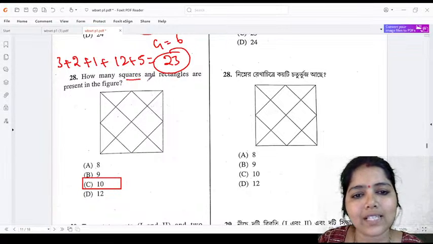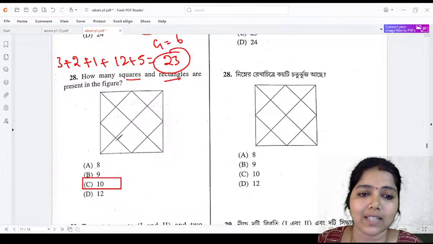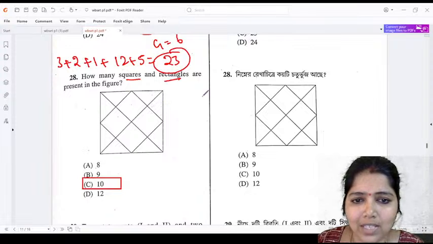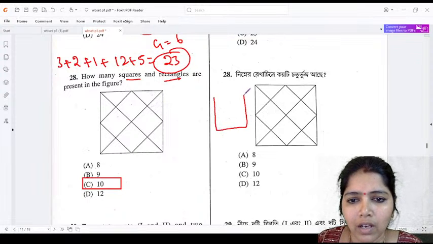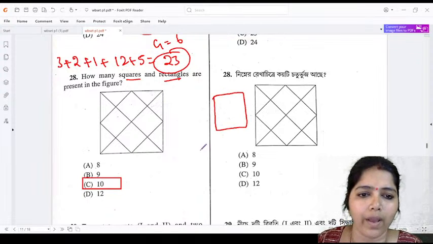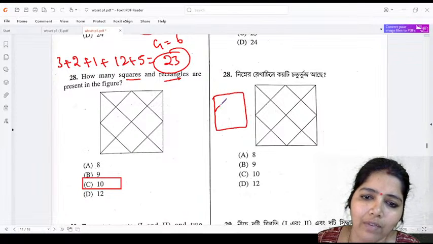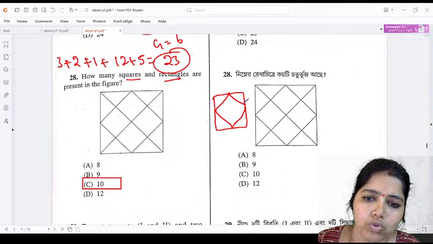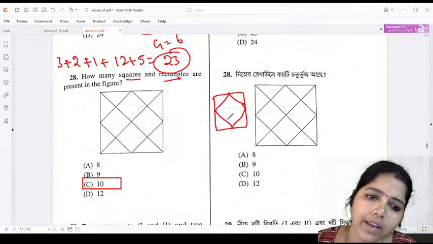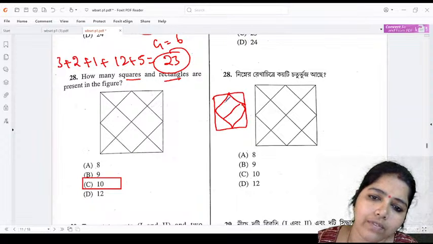The next question is how many squares and rectangles are present in the figure? Very easy. Squares: the outer one is one square, and inside that we have one square, right? So two squares. Then inside that we have 1, 2, 3, 4.